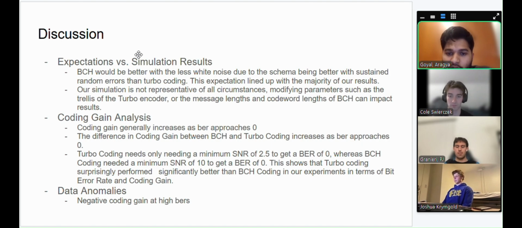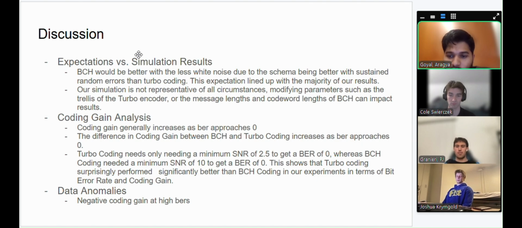For our coding gain analysis, the coding gain generally increased as the bit error rate approached 0, and the difference in coding gain between BCH and turbo coding increased as the bit error rate approached 0. Turbo coding only needed a minimum SNR of 2.5 to get a bit error rate of 0, whereas BCH coding needed a minimum SNR of 10 to get a BER of 0.